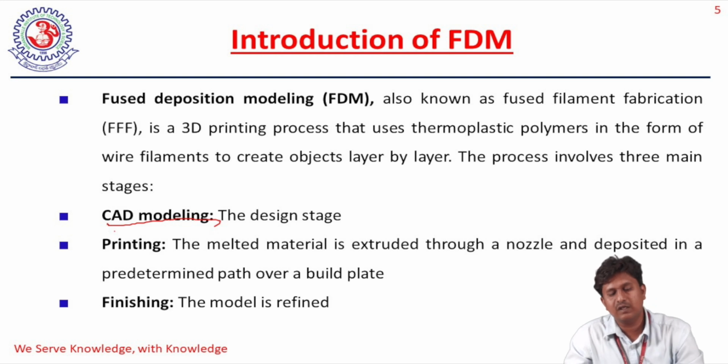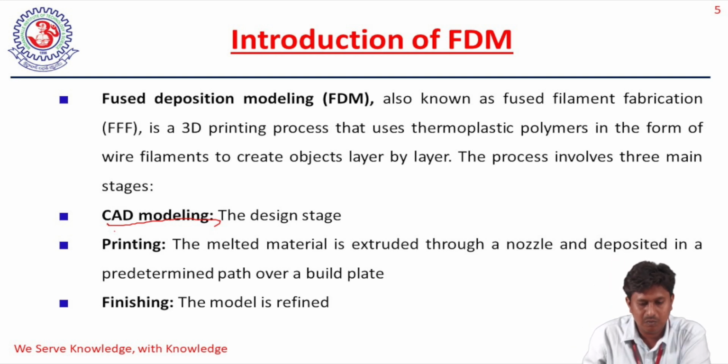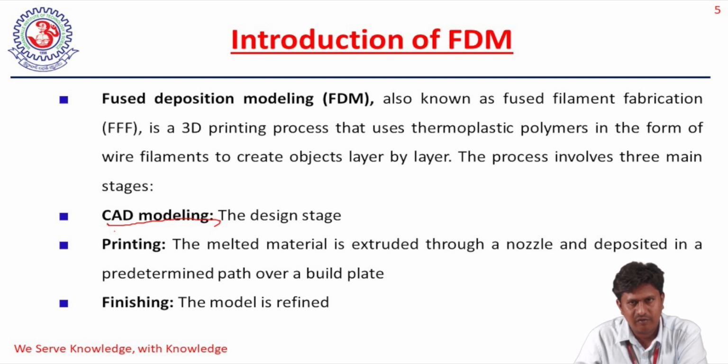Now, first we'll discuss one by one, that is CAD modeling. By using AutoCAD, 3D modeling, or SolidWorks, we can create a concept or model of a component. By using different design software packages like AutoCAD, CATIA, or Solid Edge, we can prepare a CAD model.